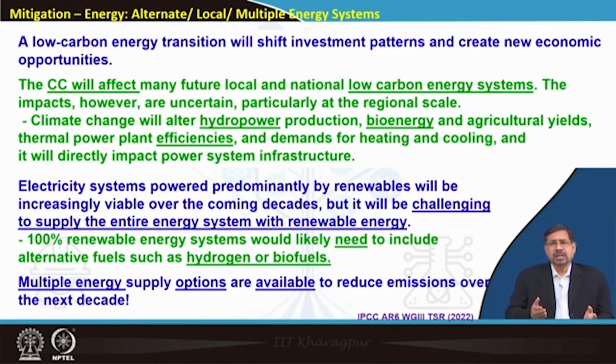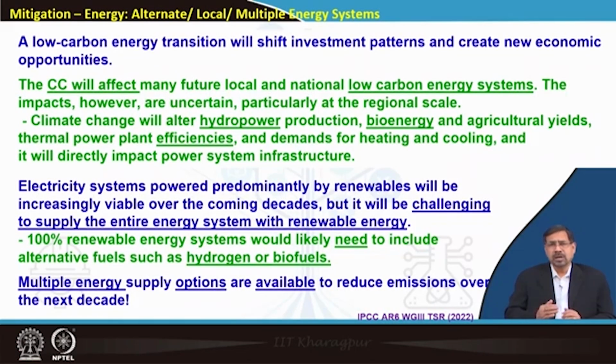So, because of the land use changes induced by climate change, the bioenergy sector will be affected.